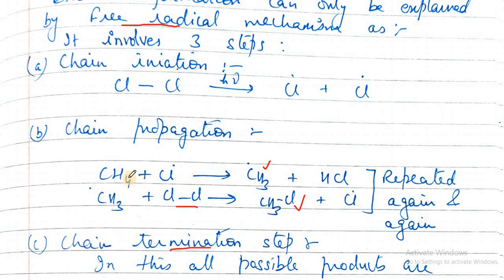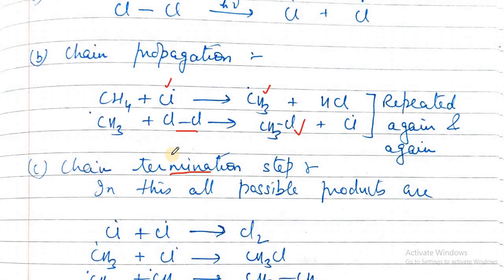That is, one hydrogen of methane is replaced with one Cl, and chloromethane is formed. If these steps are repeated again and again, then the second hydrogen will be replaced, then the third, and then the fourth. So the chain propagates from the chlorine free radical.